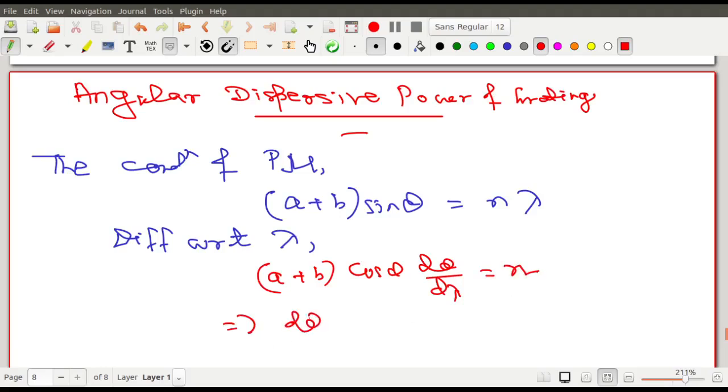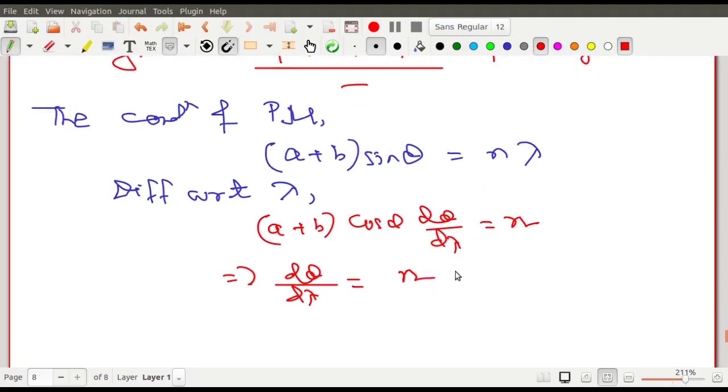So d theta by d lambda equals small n divided by a plus b cos theta. I was correct, no problem.